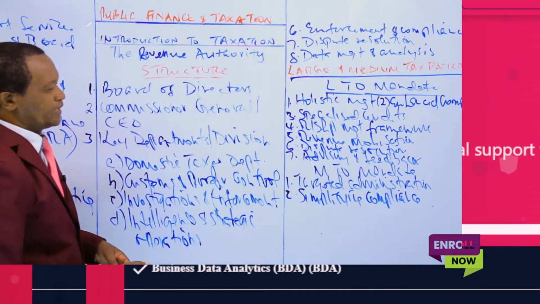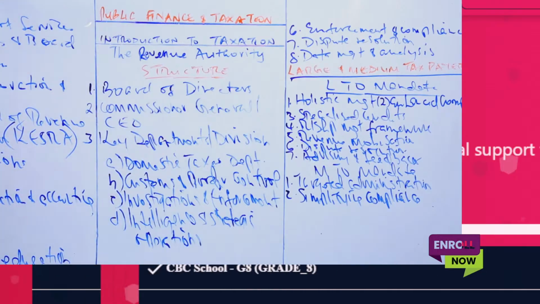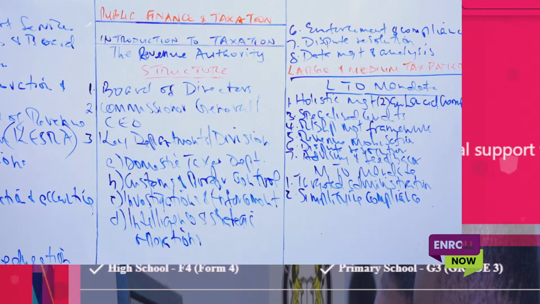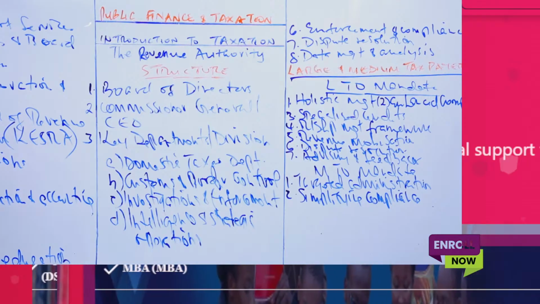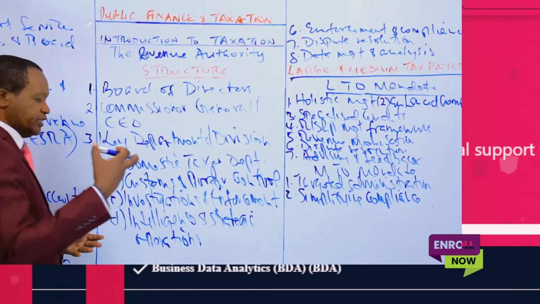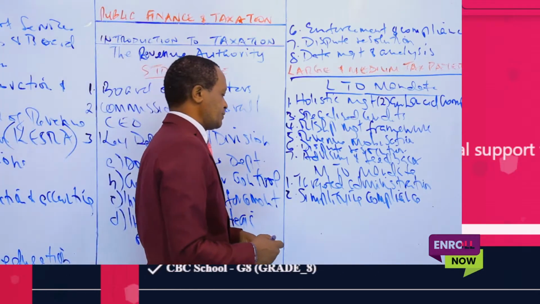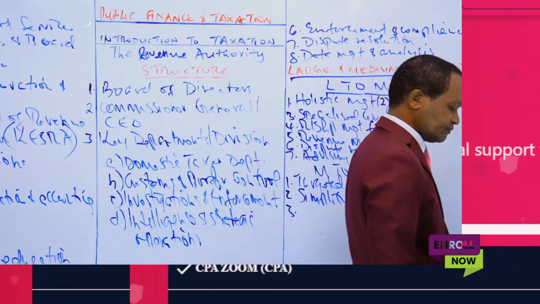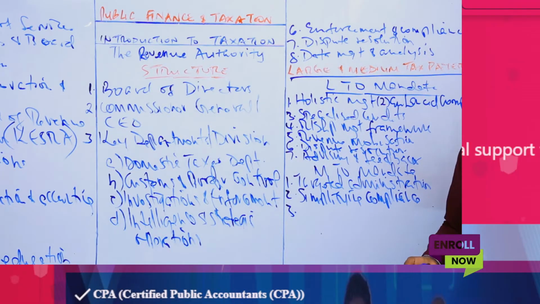To simplify compliance means conducting compliance checks and compliance audits that are appropriate for the size and complexity of the medium taxpayers. Now, what's the third mandate of the MTO?